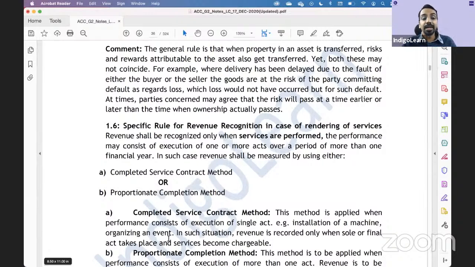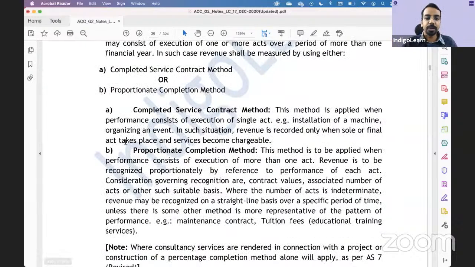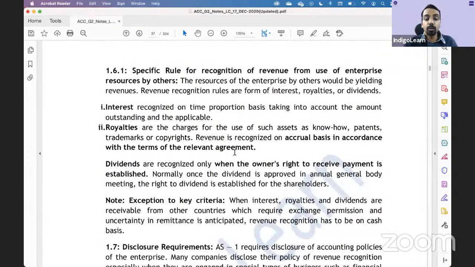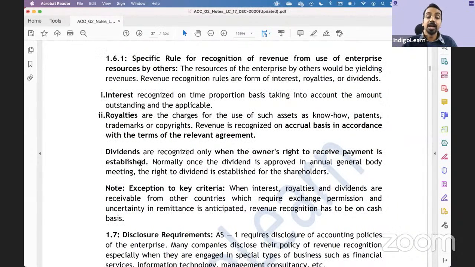Then interest is recognized on a time proportion basis using the accrual concept. Royalties, based on the agreement, you will recognize that. Dividends are recognized when the owner's right to receive the payment is established. So once the dividend is declared, and you are the shareholder on the record date, you are entitled to receive the dividend, then you can recognize the revenue of the dividends.